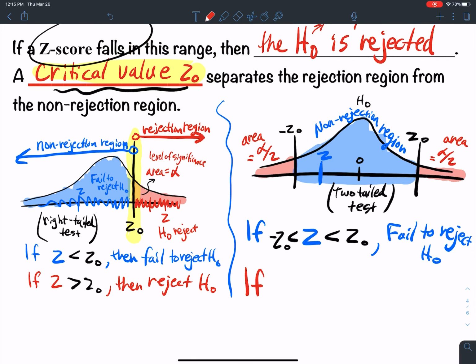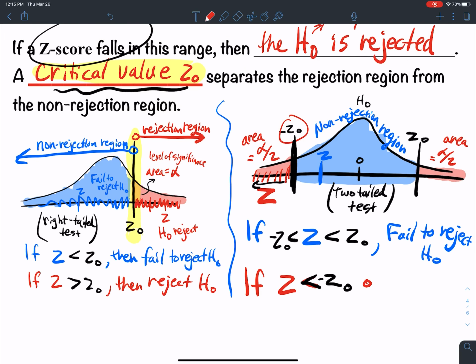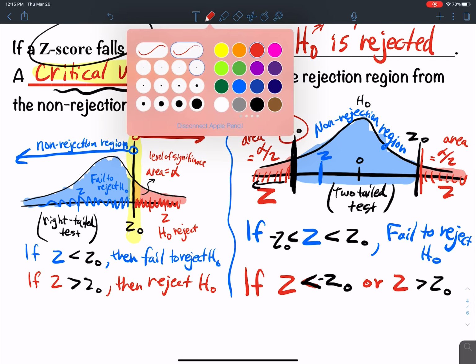However, if z is over here, okay? So I find a z that's what compared with this negative z? A z that is less than negative z naught, okay? This is negative z naught. So if it's smaller than that, or if I get a z that is bigger than positive z naught, then what do we do?